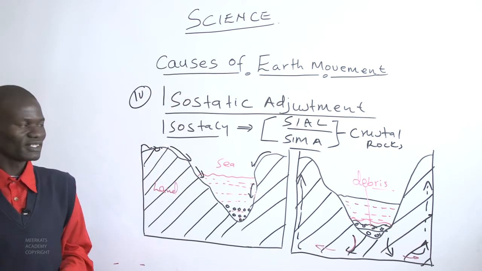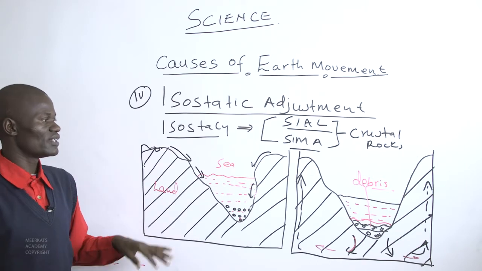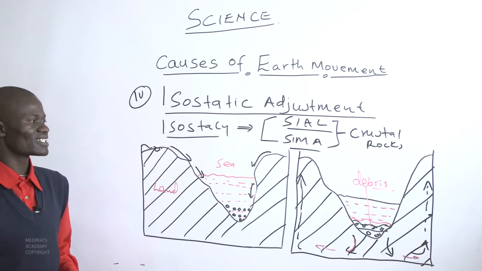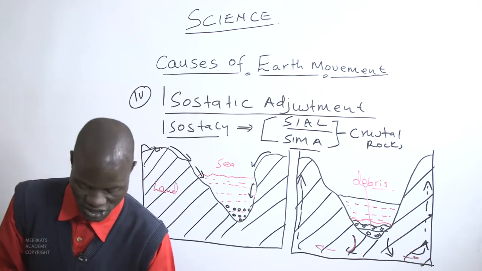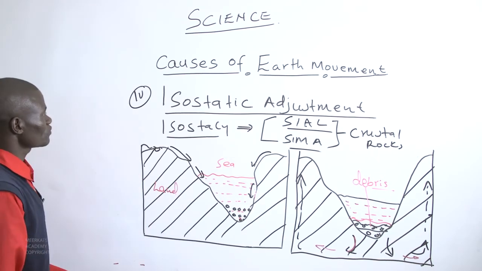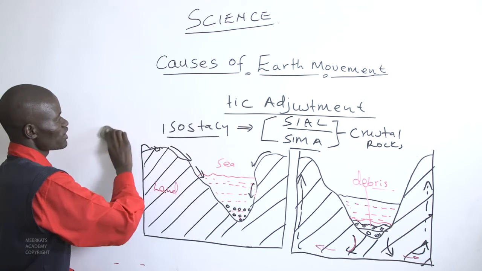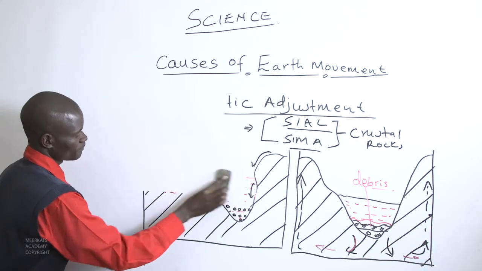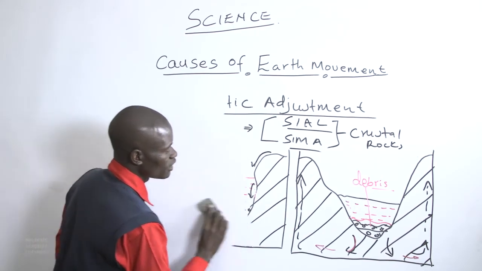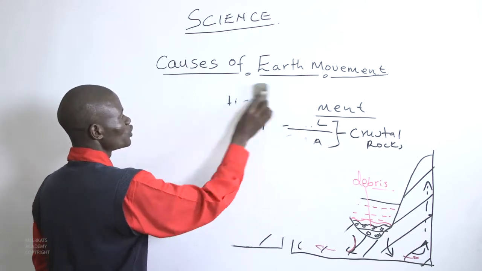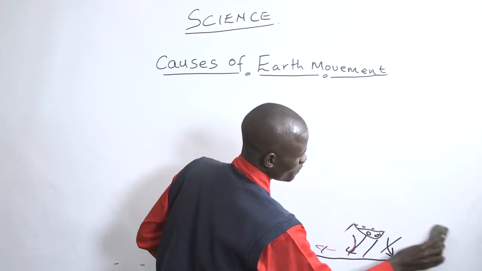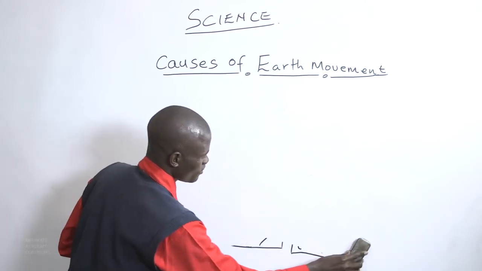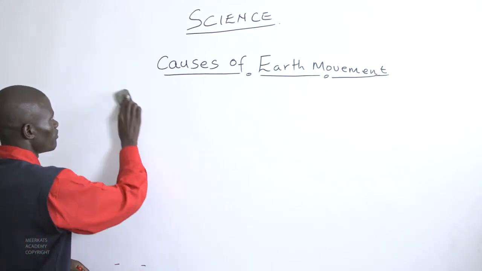As a result, these waves of forces that are going to act on the crust or layers are going to have an effect on the earth crust. Now, what are the effects of these forces that we have been looking at? We are able to look at the cause of this earth movement.